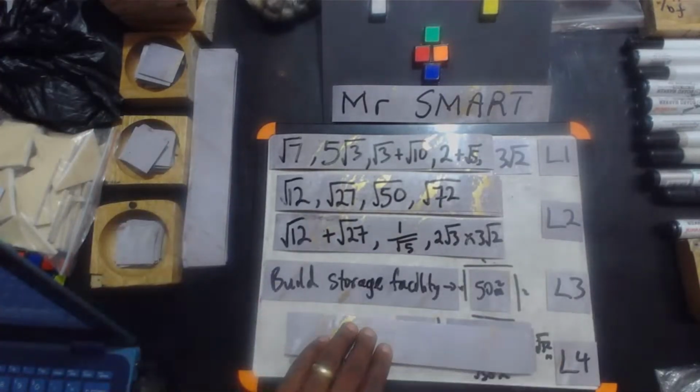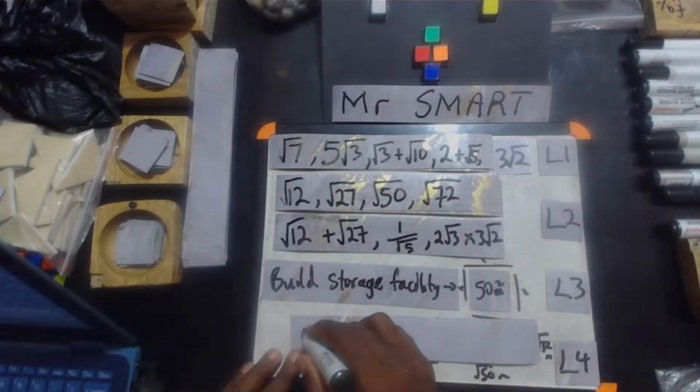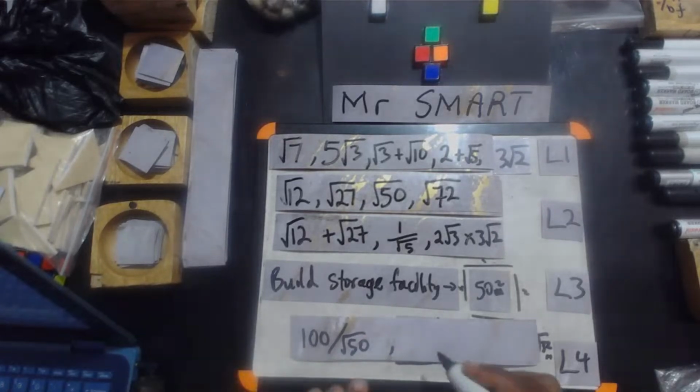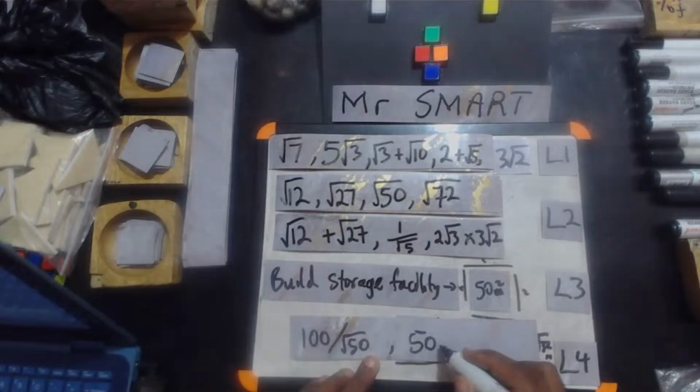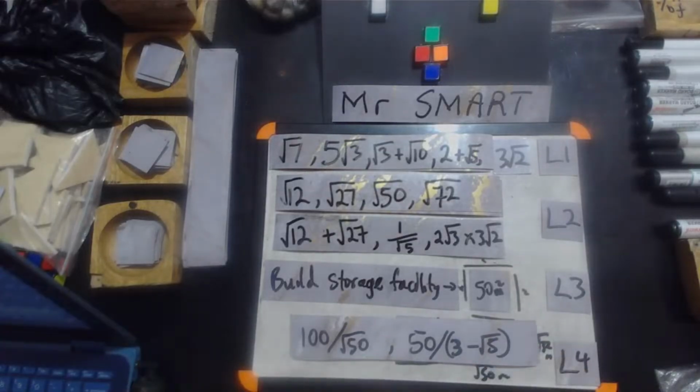So we want to rationalize 100 over square root of 50. We want to rationalize that, and then we want to also work with 50 over 3 minus root 5. These are also part of the level 4 questions that we want to look at.